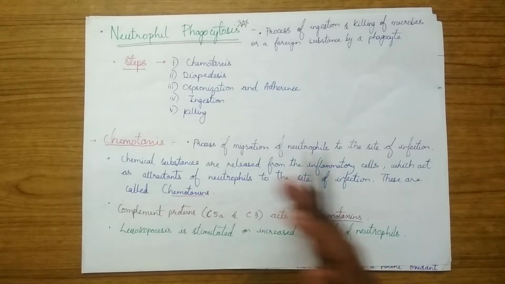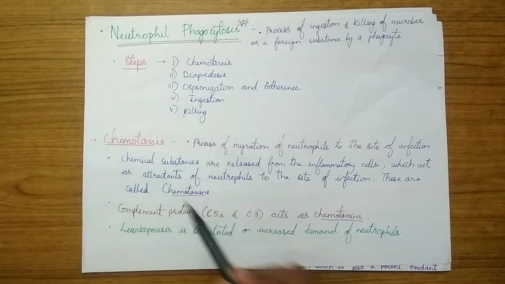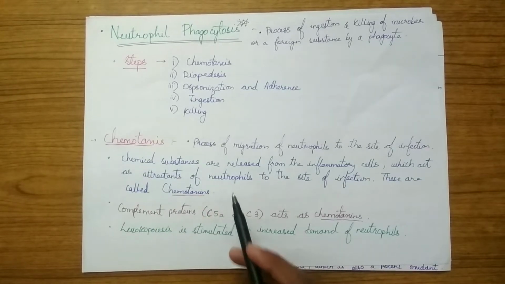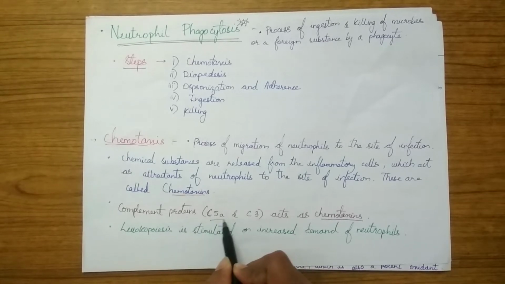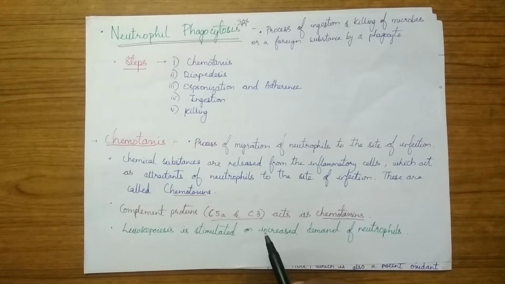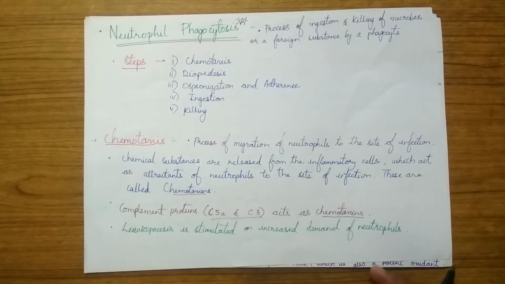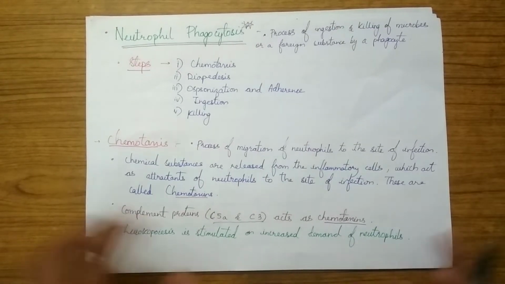So neutrophils come towards them, and this process is called chemotaxis. The main attractants in the body are complement proteins, that is C5a and C3, and leukopoiesis is stimulated on increased demand of neutrophils. So if the infection is more, the neutrophil demand will be more and leukopoiesis is stimulated.